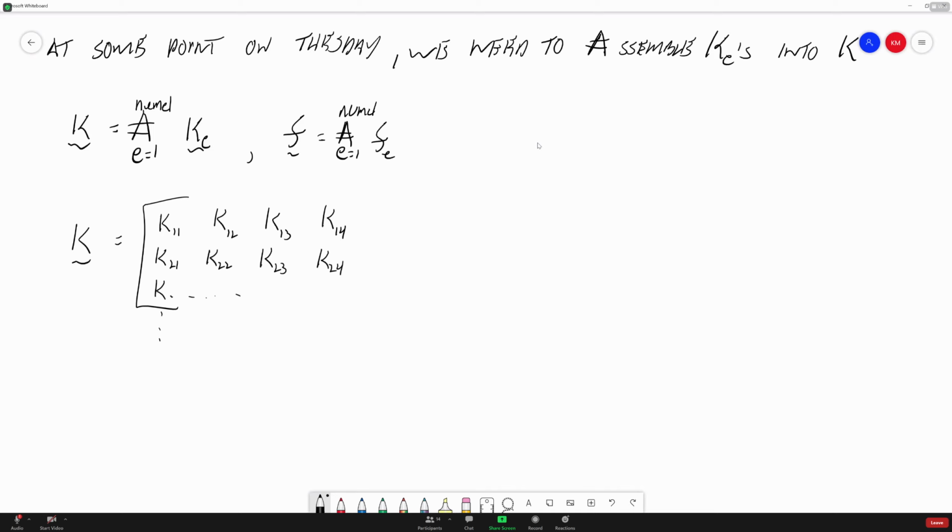You guys kind of get the gist of that. So you have to assemble these elemental stiffness matrices back into the global stiffness matrix in order to show results. And we have to do the same thing for the force function.